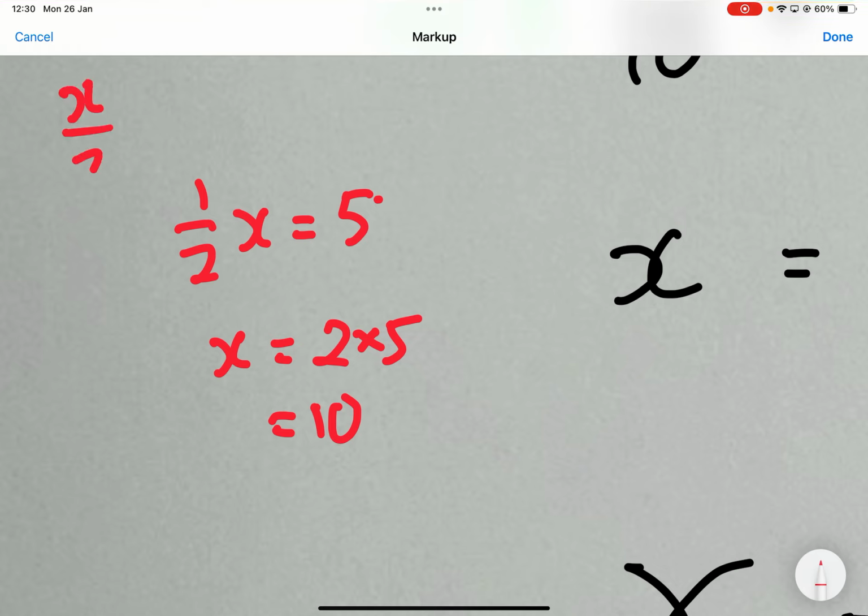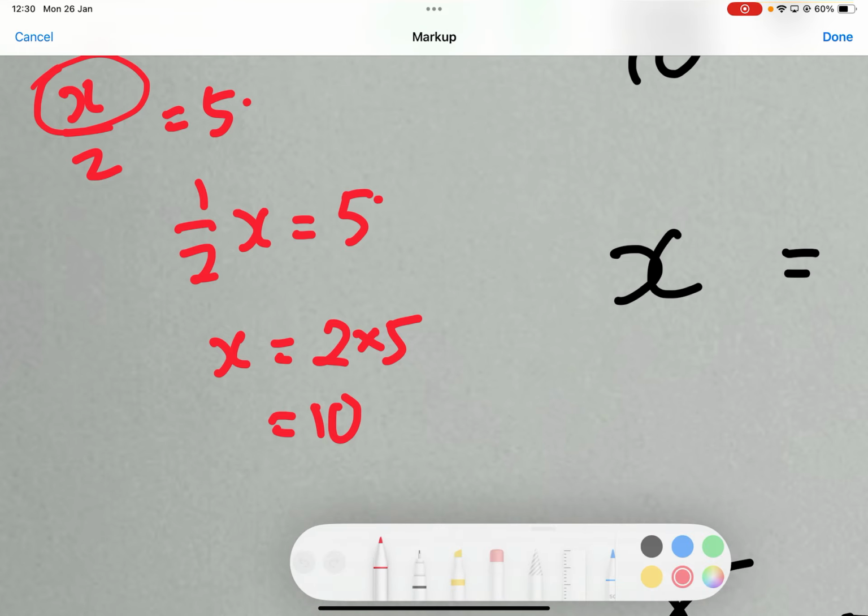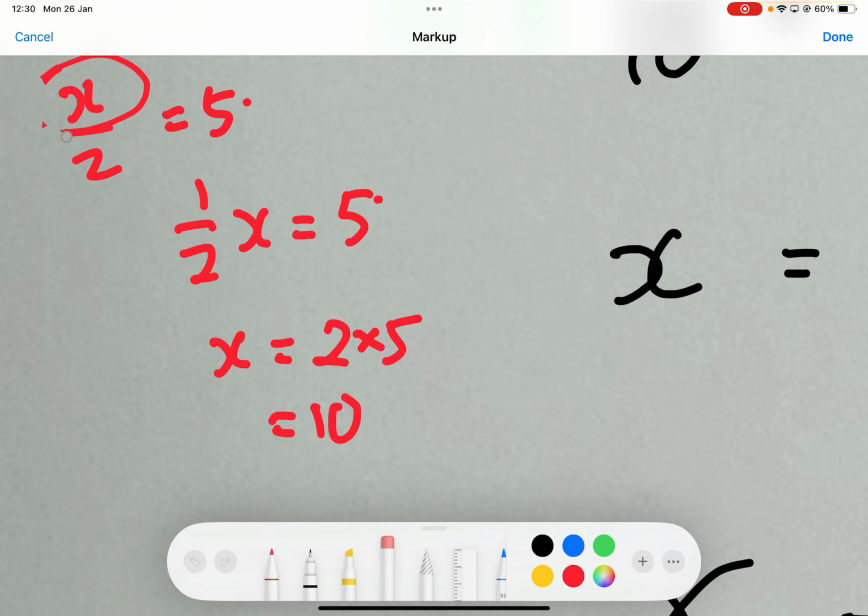When x is divided by 2, you will get 5. So you are trying to find out what is x, not x times 2. Okay, when x over 2 equals 5, you want to know what is x.